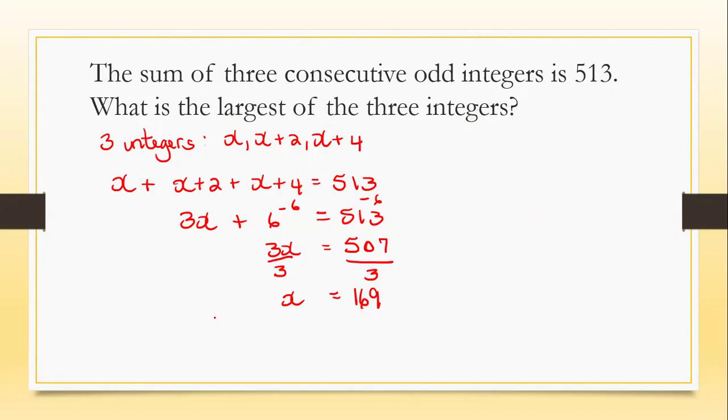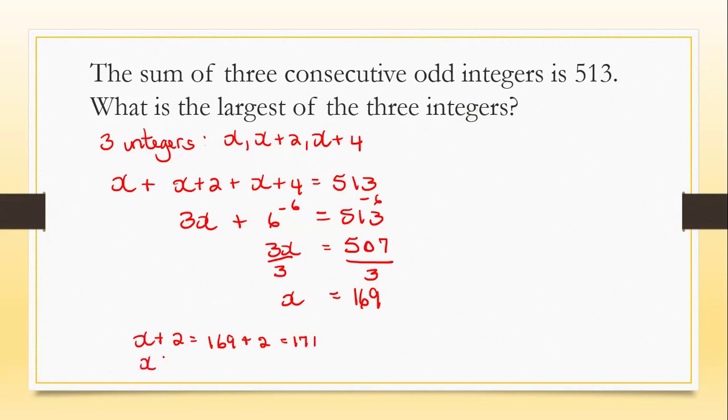So we have our first integer, 169. Our second integer, x plus 2, is going to be equal to 169 plus 2, which is equal to 171.